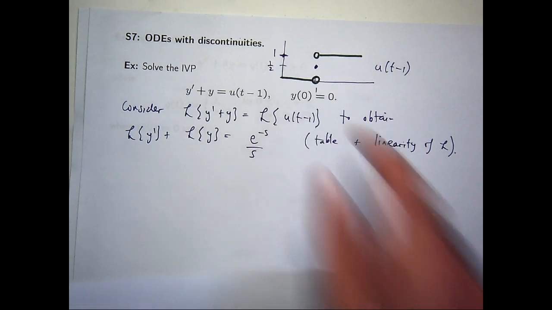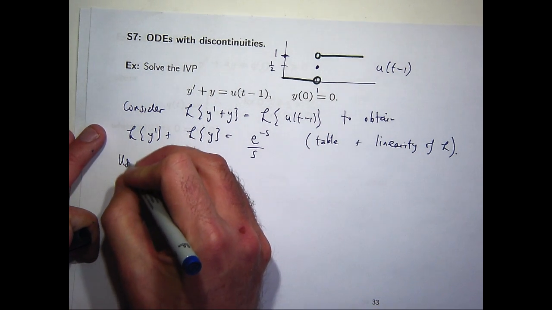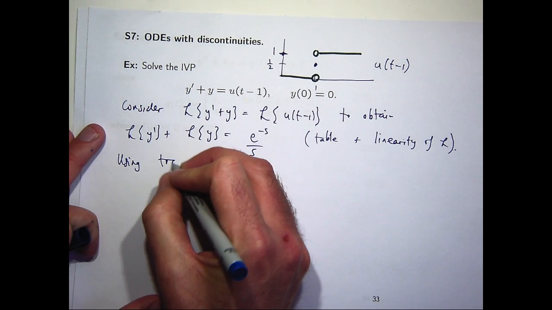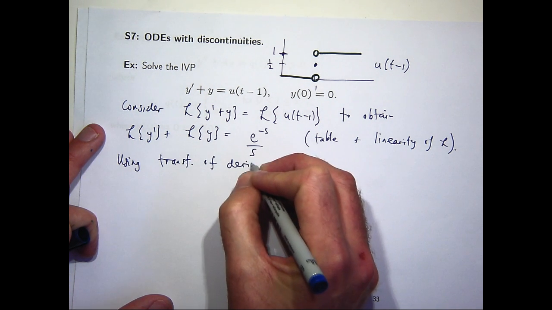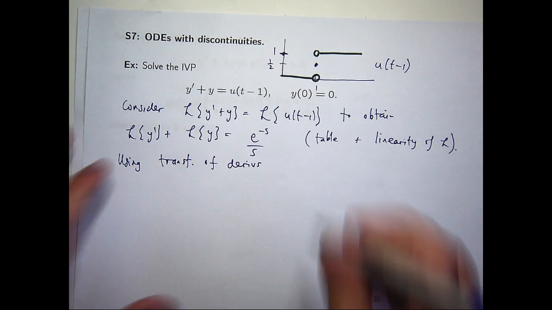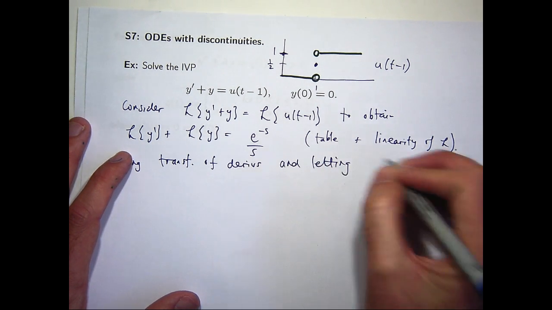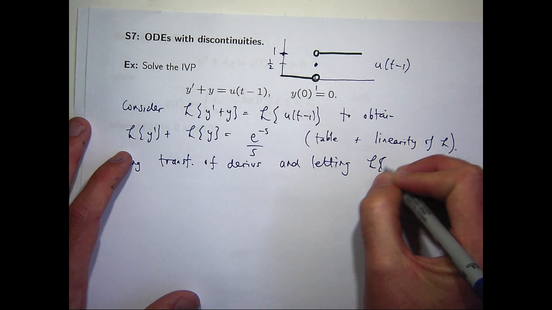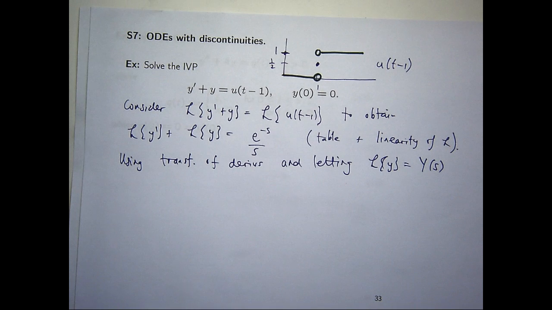And I know what y of 0 is, it's just 0. So using the transform of derivatives, and just to simplify, let's introduce my big Y of s notation.